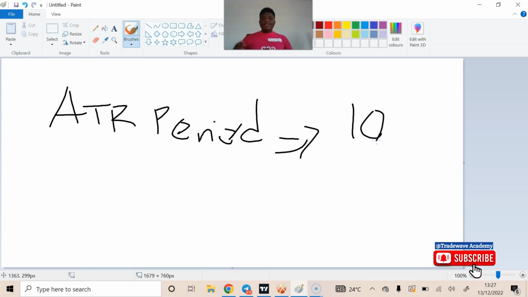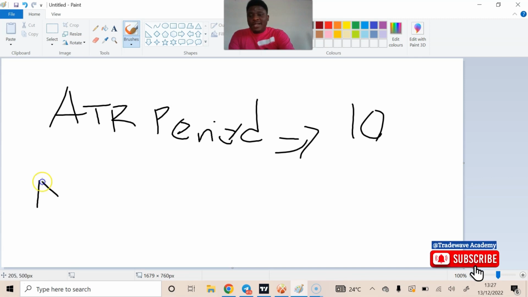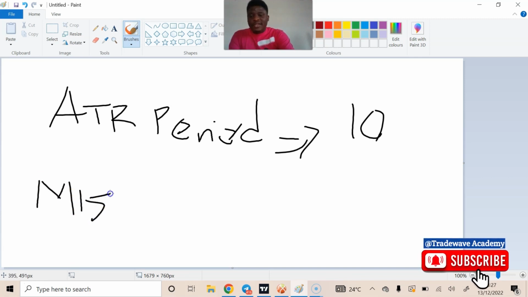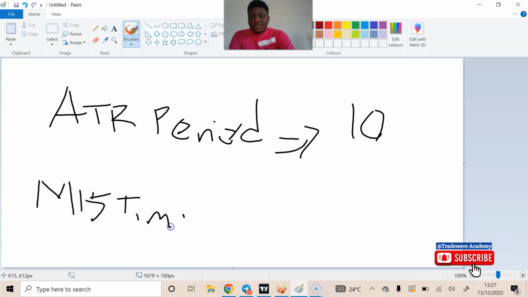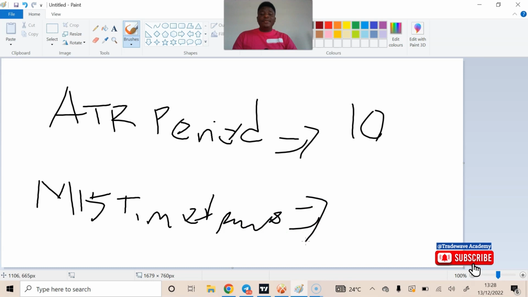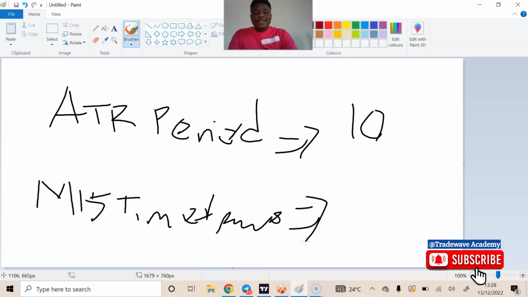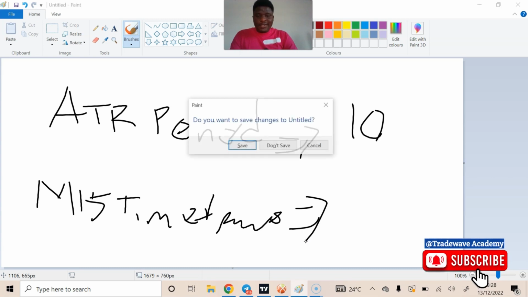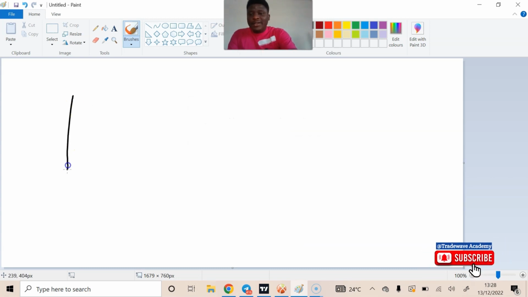When you put the ATR period on 10 and put the ATR on, let's say, a 15 minutes time frame, M15 time frame, sorry about my writing. So the ATR on the 15 minutes time frame just calculates the bars.